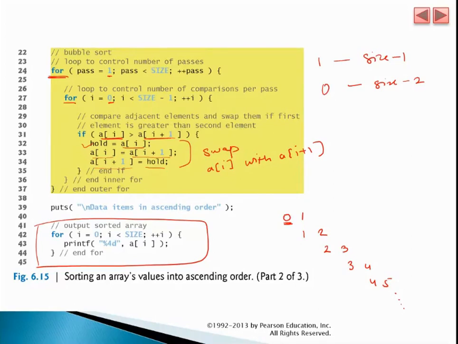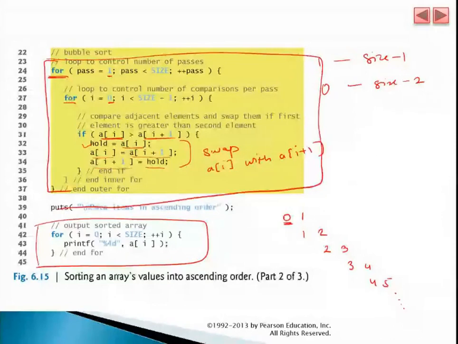So what you can do is rebuild that program using the concept of bubble sort. Just write this entire concept into one function, and then pass the array to this function. It will sort the array.